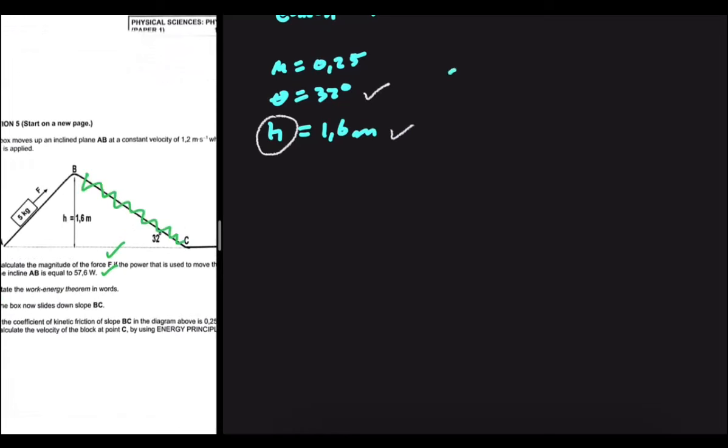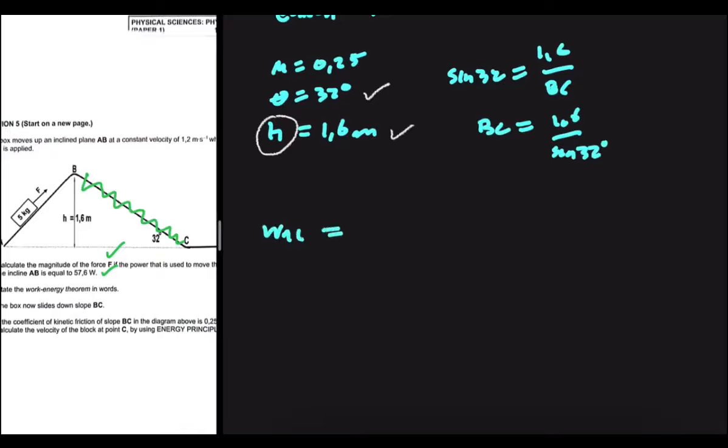We can easily see that sine of 32 is equal to the opposite, which is our height, divided by our hypotenuse BC. So BC is just equal to 1.6 divided by sine of 32. Let's see if we can use work non-conservative.